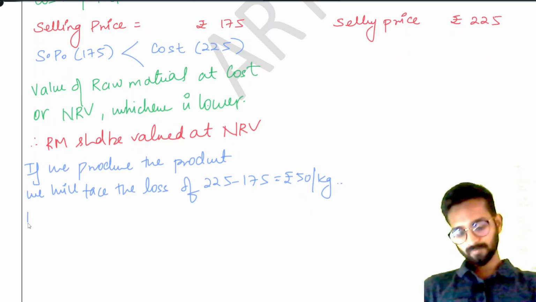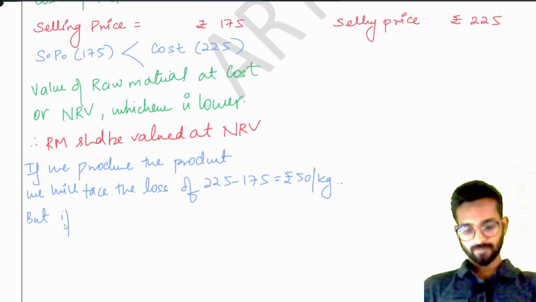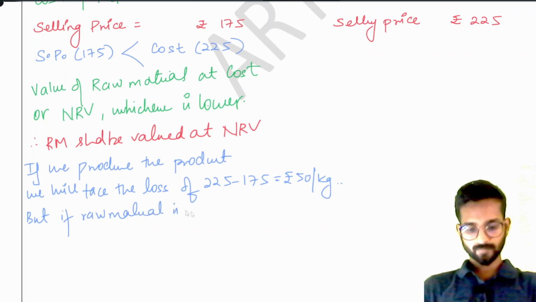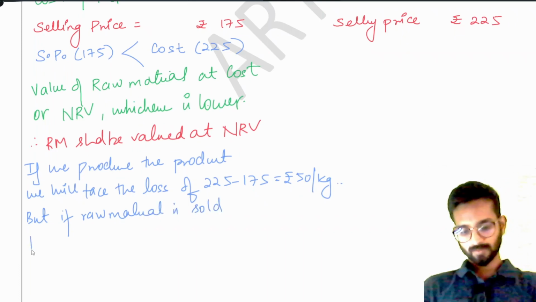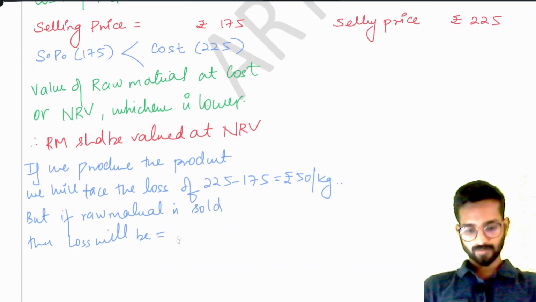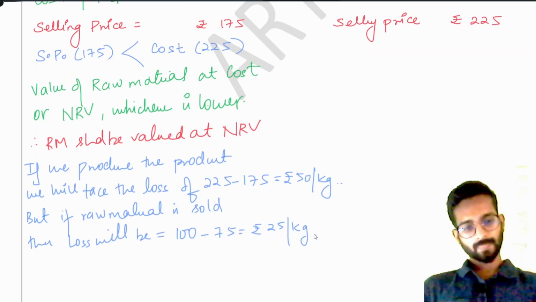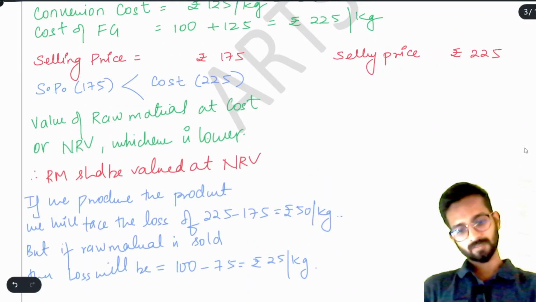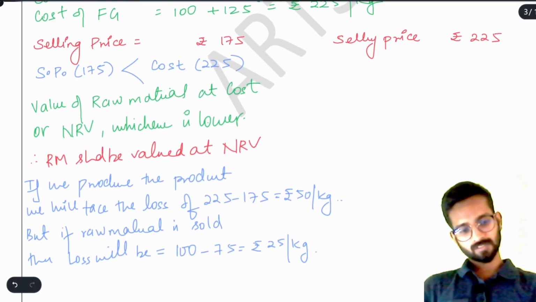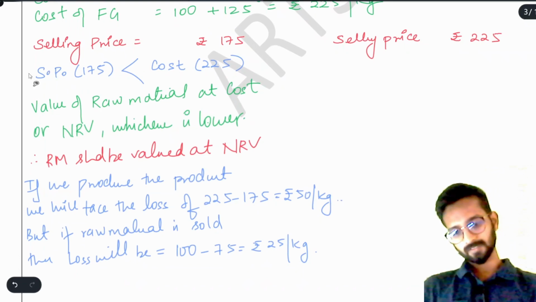Okay, but if raw material is sold, then loss will be 100 minus 75, that is rupees 25 per kg. Understood? Very easy. This is the same thing with the second case.